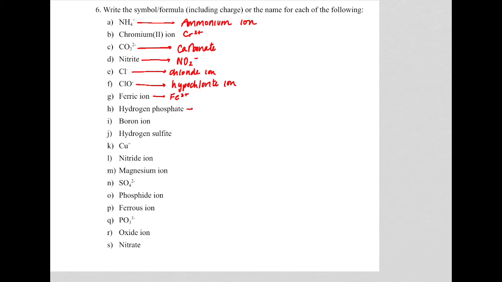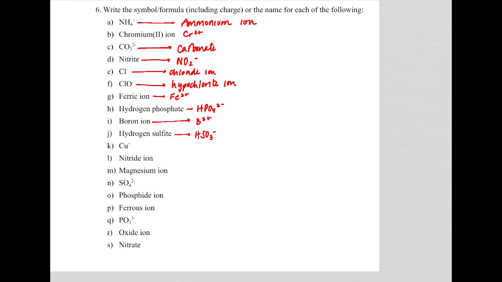Then we have hydrogen phosphate, the boron ion, hydrogen sulfite, SO3-, and then Cu+. Remember that copper has two different ions that it forms.